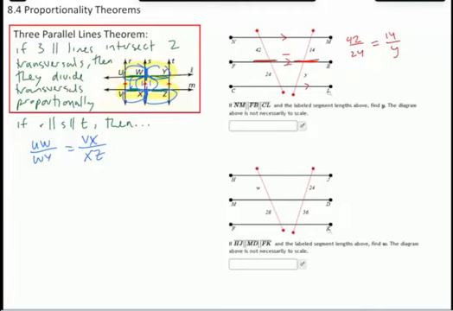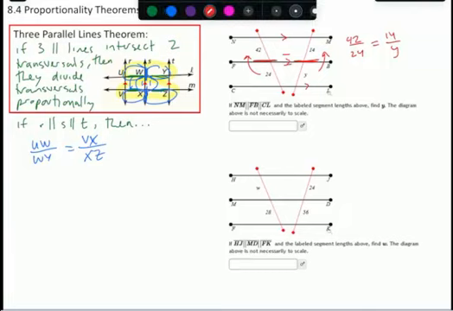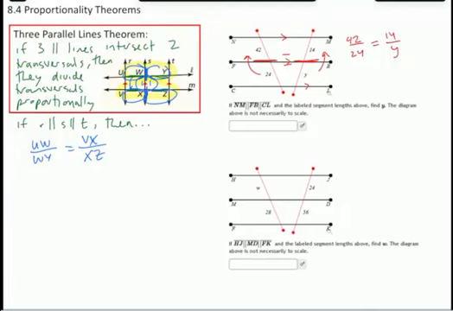And now if you wanted to, you don't have to write it visually in the same order here. You could put y over 14 is equal to 24 over 42. You can set it up that way, but I set this one up so you can visually see that relationship easily.